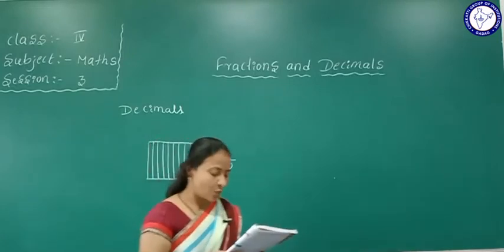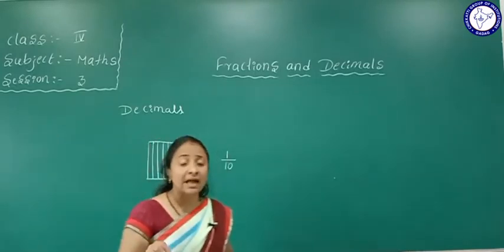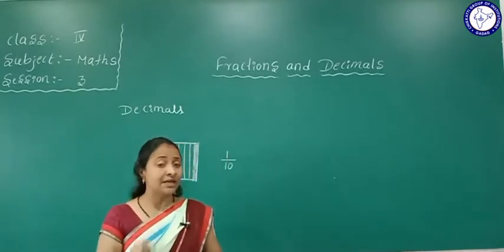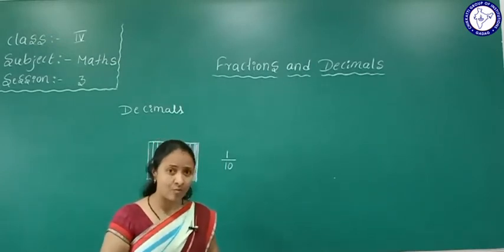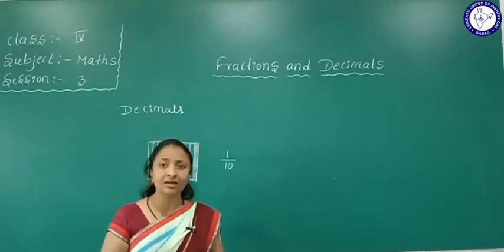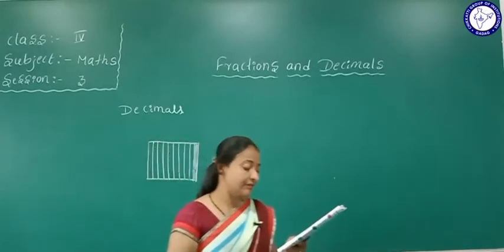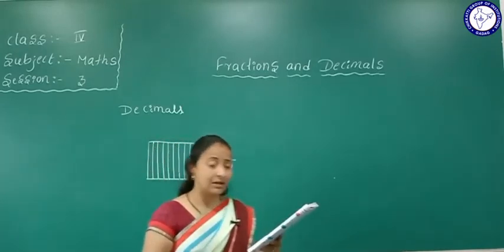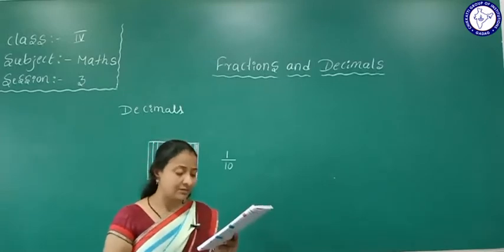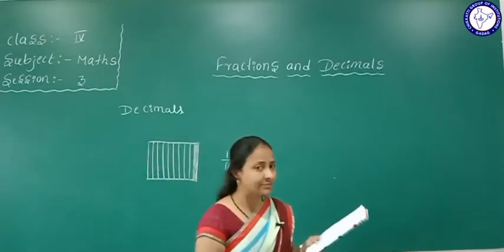Now we will write this in another form, that is the decimal form. How do we write in the decimal form? This method of writing we call the decimal system.